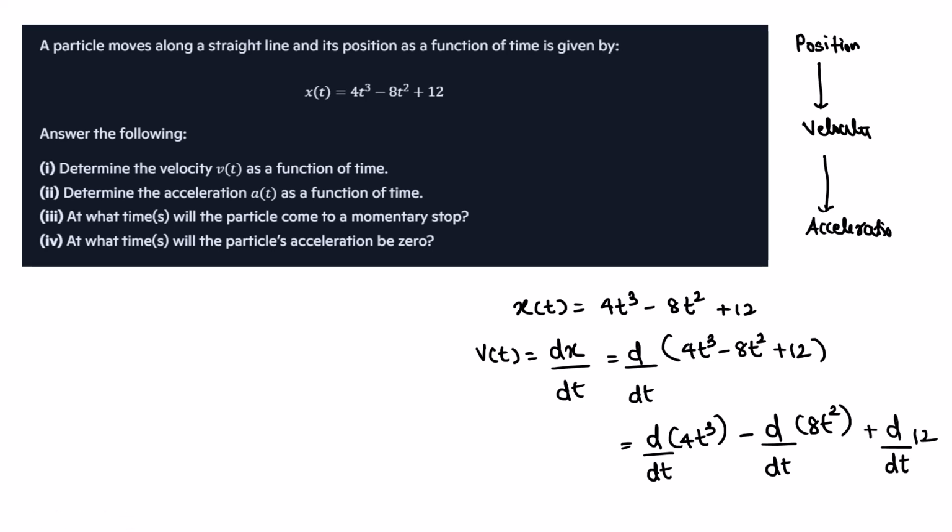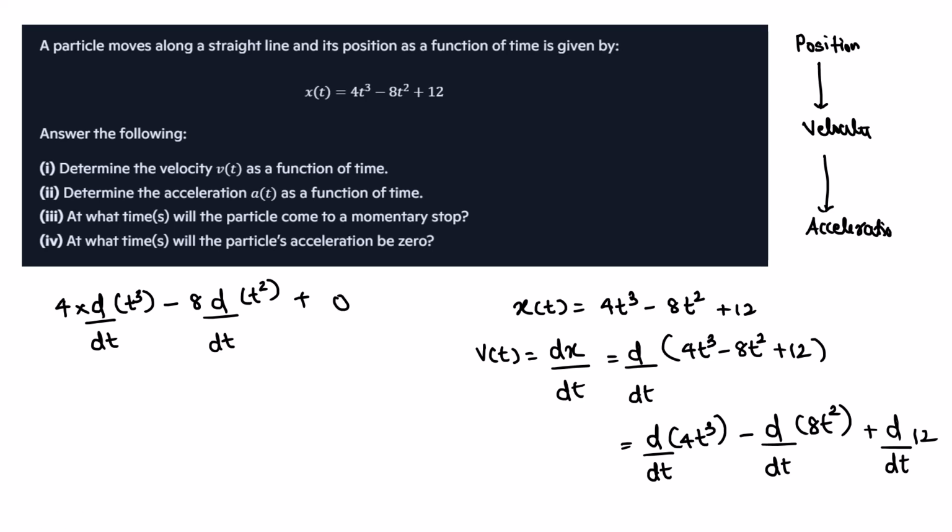Differentiation is nothing but rate of change. Since 4 is a constant, you can take it outside: 4 into d by dt of t cube minus 8 into d by dt of t square plus d by dt of 12. 12 is a constant, and the rate of change of a constant is equal to 0.